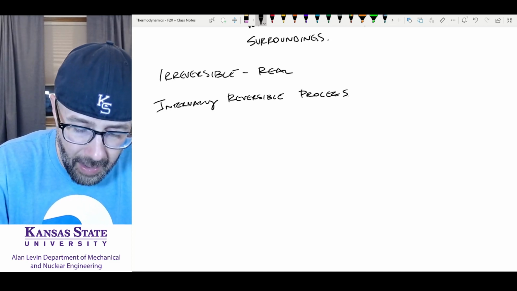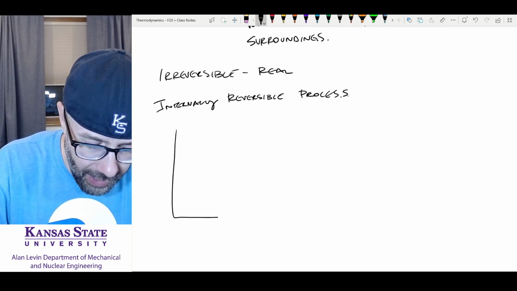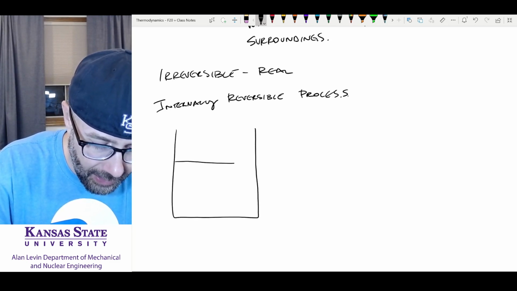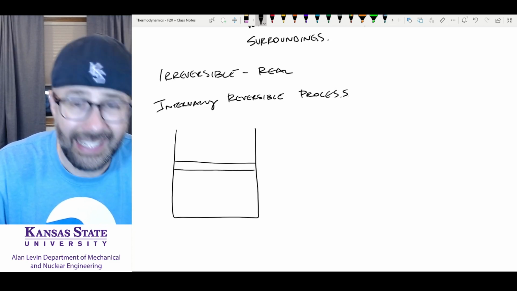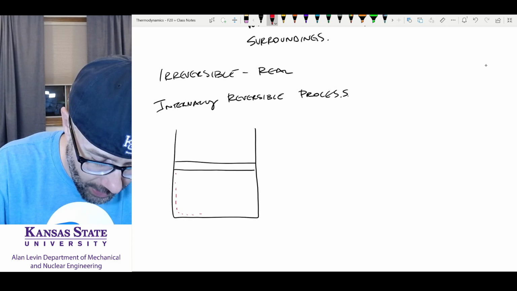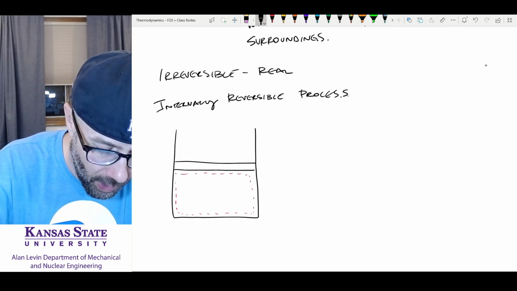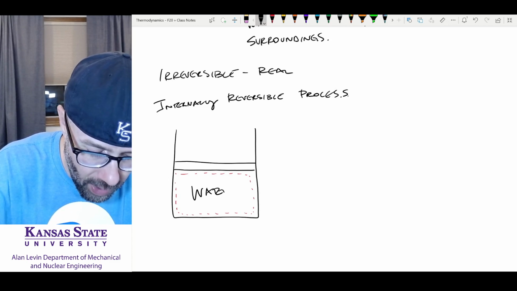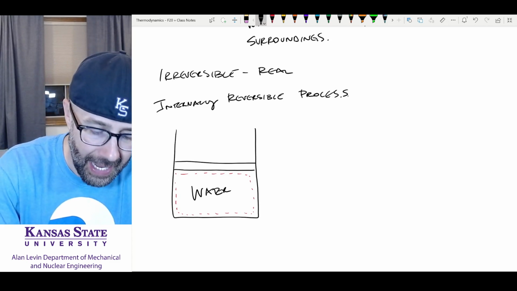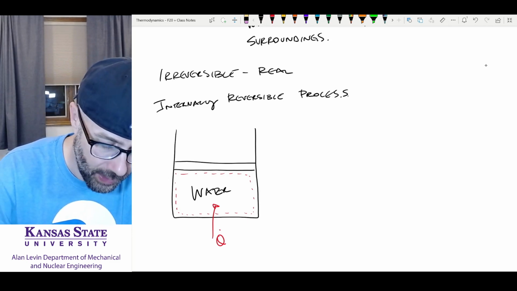Okay, internally reversible process. So let's put into this internal system, this internally reversible. So we have a system internal, like a closed system here. Let's put water inside of this piston cylinder, and let's add some heat to this water, just Q here.